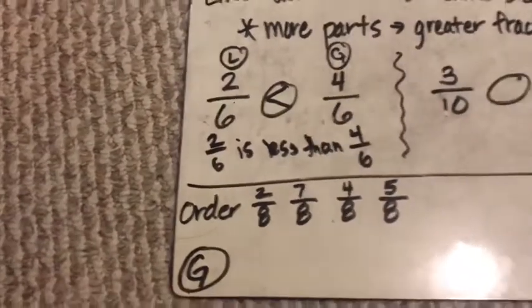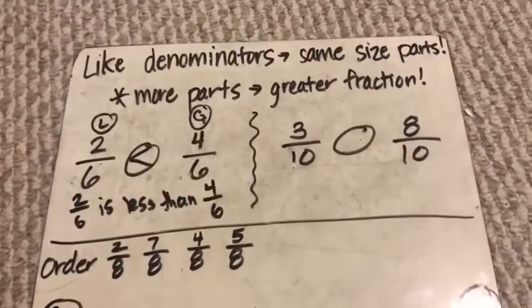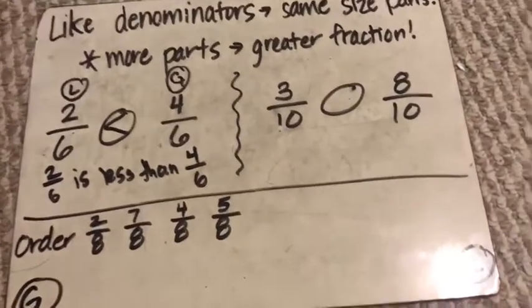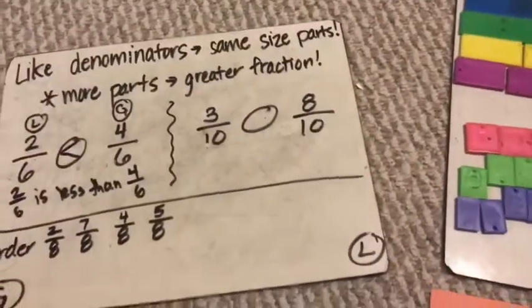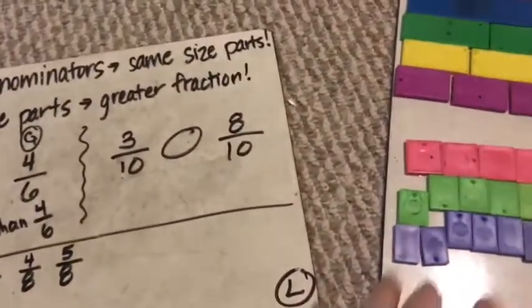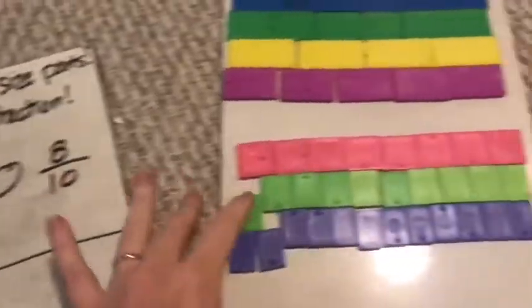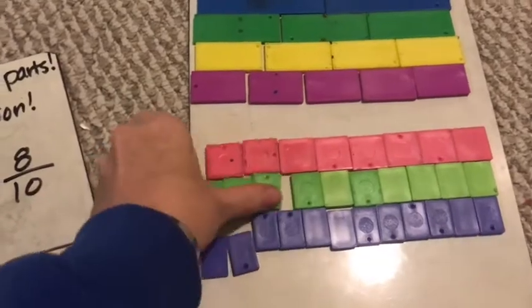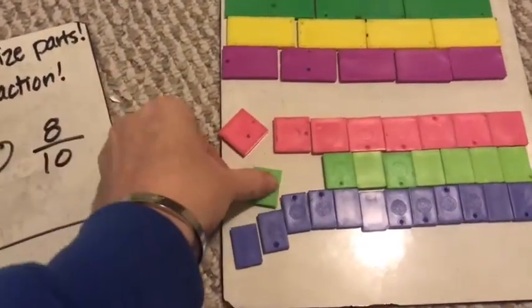All right, let's take a look at another example. This one is with tenths, but they're both tenths. They have the same or like denominators. That means since they're both tenths, they're both the same size pieces. Tenths mean that 10 parts make the whole, and I need 3/10 for my first fraction.